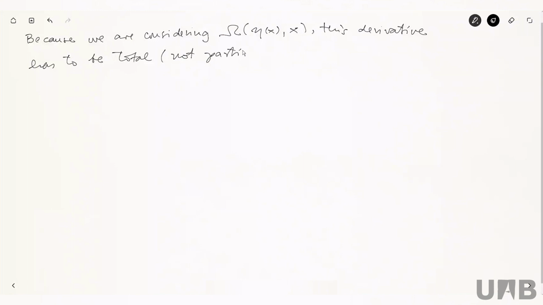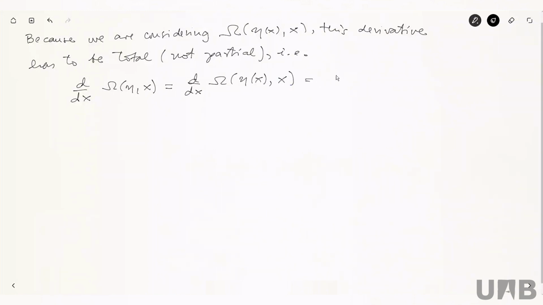I'm just making explicit what we have already discussed several times. So this d/dx of omega of eta and x, that means d/dx of omega, which depends on eta of x and x.